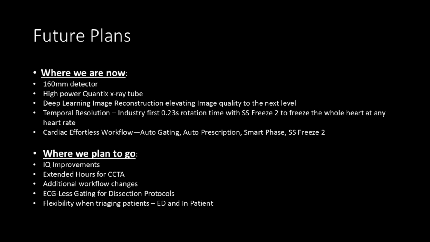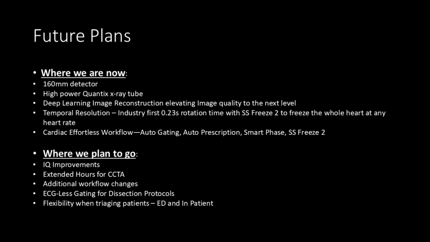So we're planning to extend our hours, do nights and weekends, hopefully, and our heart rate control, we can be a little more lax with that, although I think we still are going to do our best to get those patients as close to 60 whenever we can.